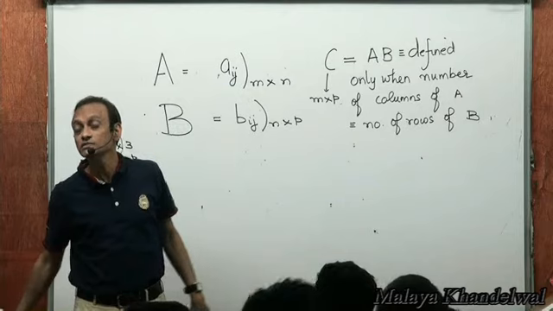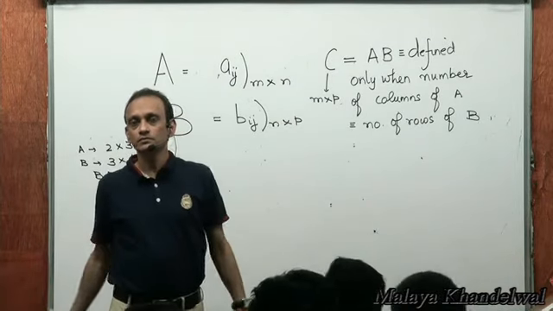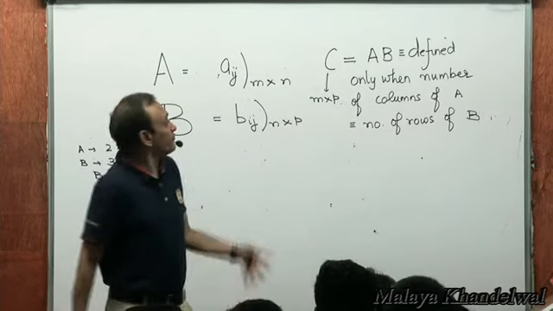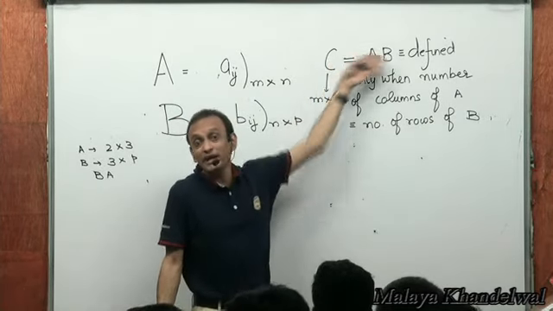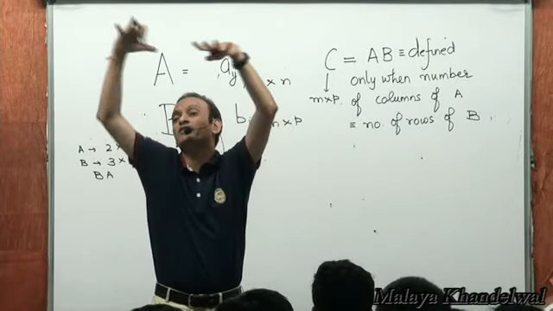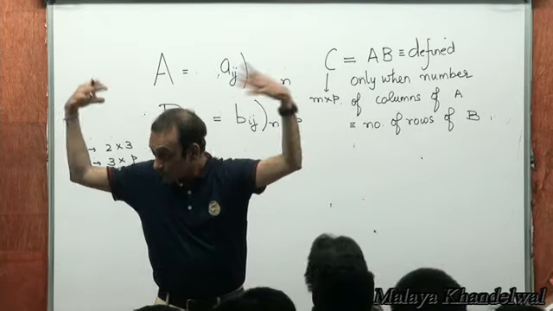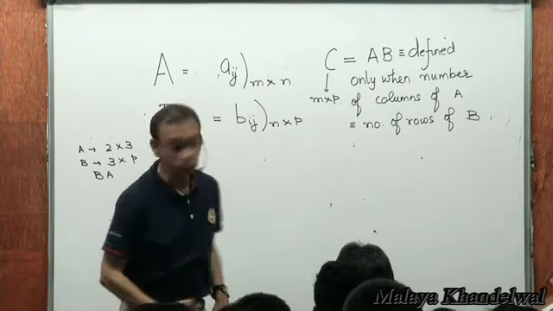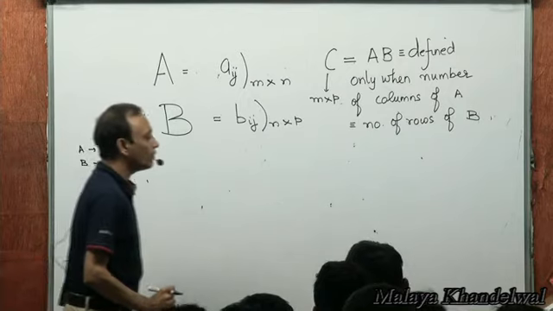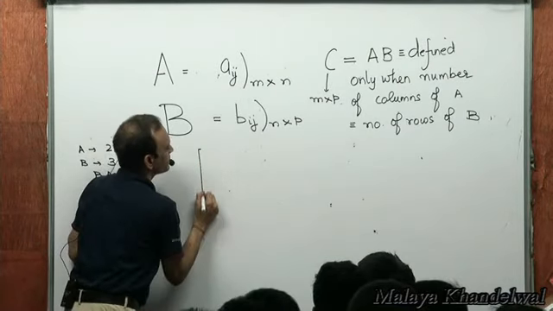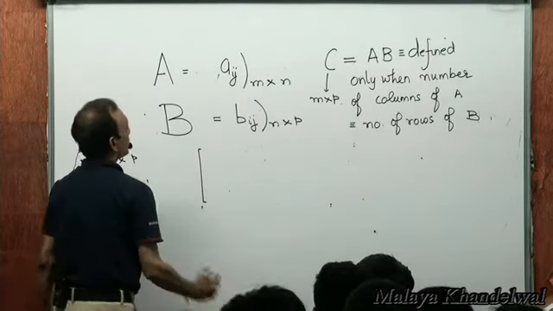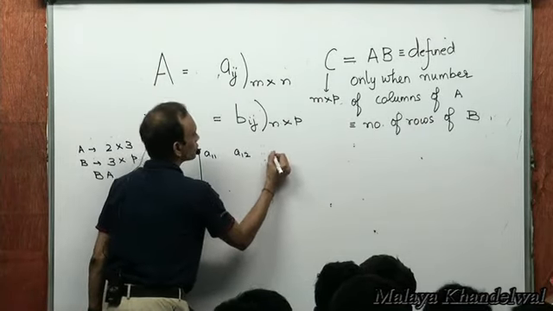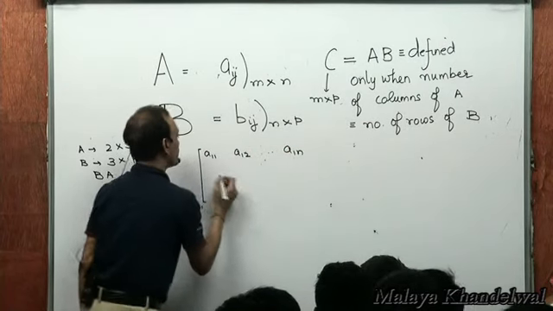Now the question is, how does it work? How do I find the various elements of C, which is a matrix obtained by multiplying two matrices A and B, as long as they are commensurate for that multiplication? Say, I have a matrix A which is A11, A12, A1n, and so on.